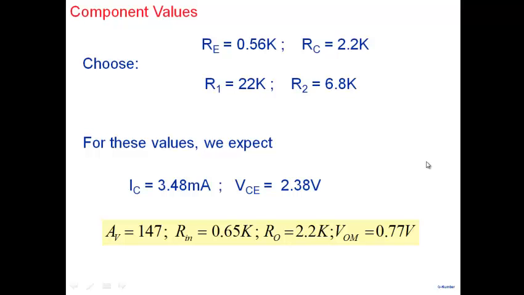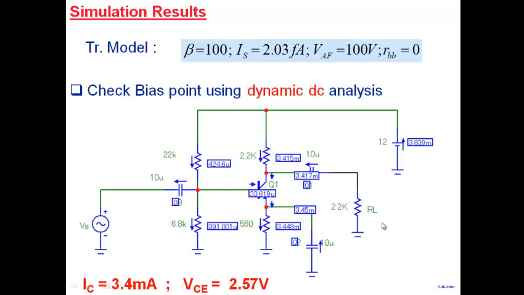Anyway, so with the specs that are given, you go ahead and design, and after you are done with the design, then of course you make your circuit and you simulate. These are the things that you should do in simulation. Check bias point first. In any amplifier, check the bias point by doing dynamic DC analysis in MicroCap, which will give you all the currents and all the voltages.